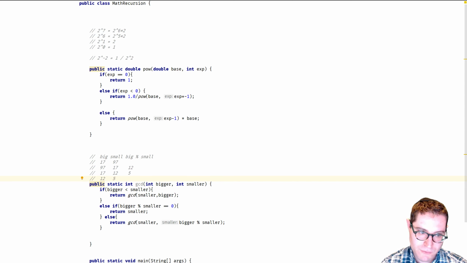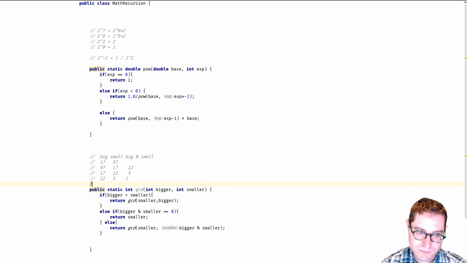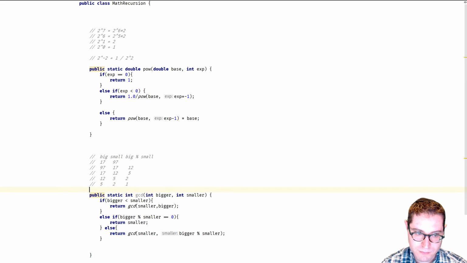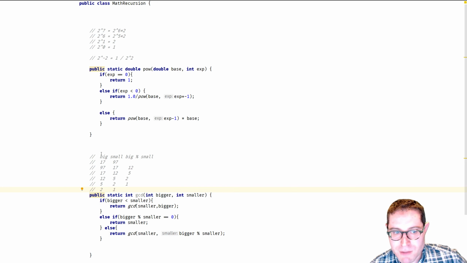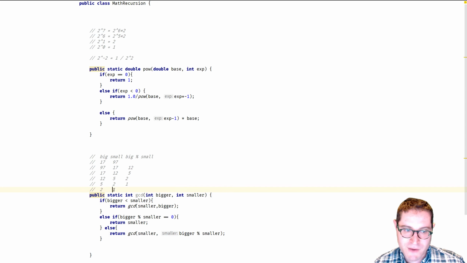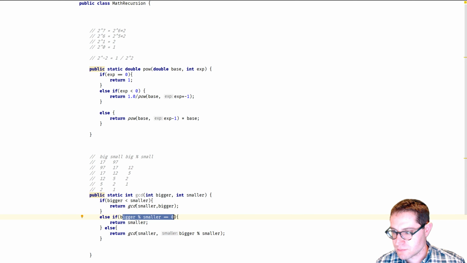So what is 12 mod 5? 2. 5, 2 gives us remainder 1. 2, 1. Everything's divisible by 1, right? If they don't share a common divisor, then eventually you're going to get into this end state where you have something divided by 1 or something mod 1, which is always true.